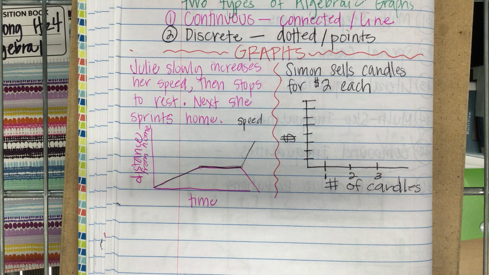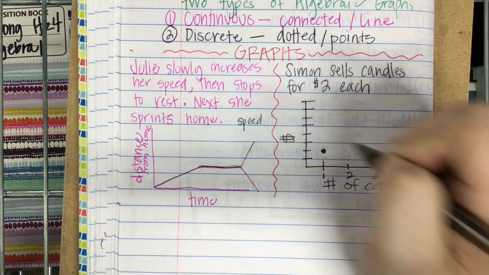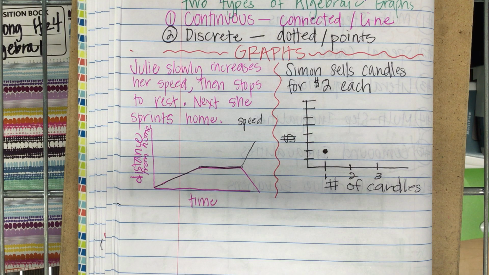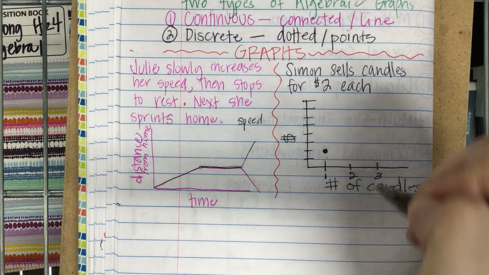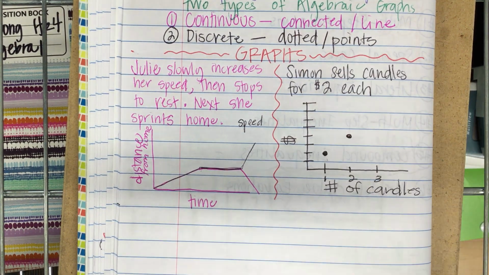So if Simon sells 1 candle, how much money does Simon receive? $2, right? If Simon sells 2 candles, how much money does he receive? $4. If Simon sold 3 candles, how much money would he receive?